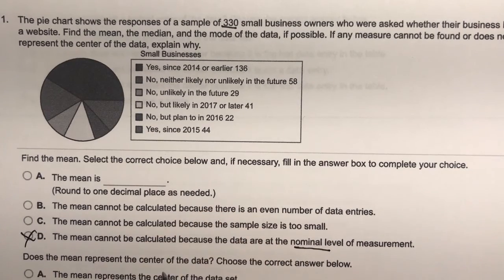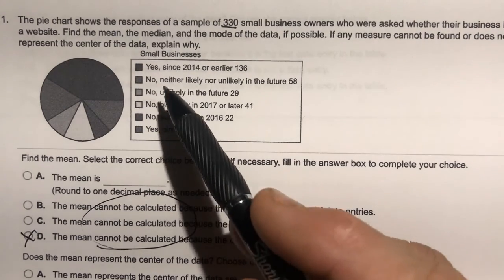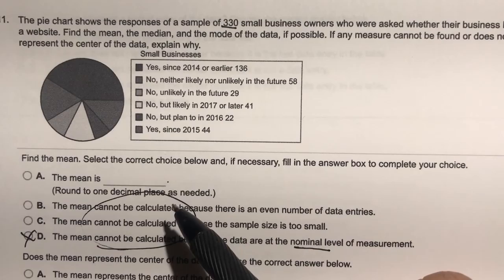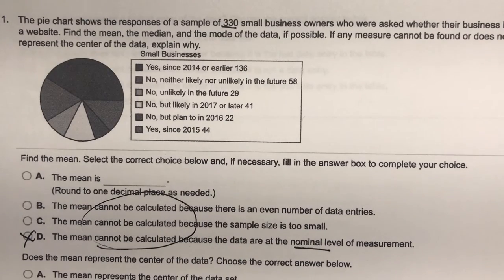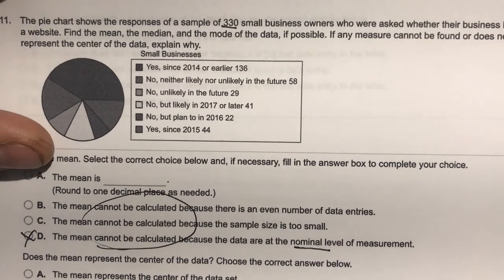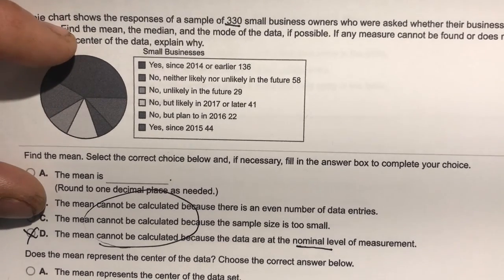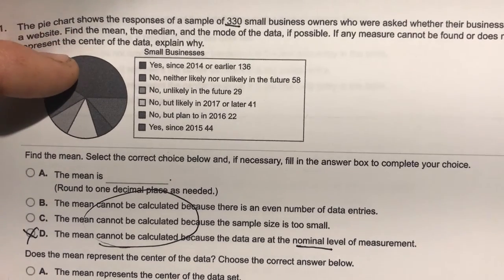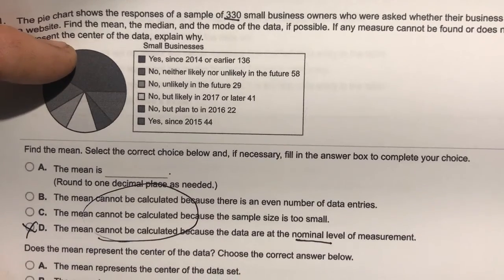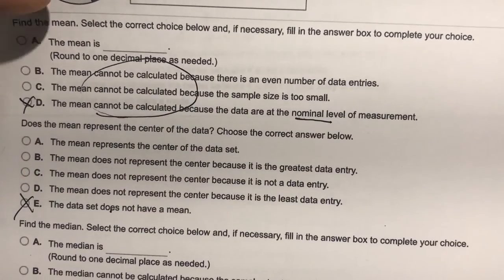See, all these say cannot be calculated. We cannot calculate the mean, and it's at the nominal level because these are nominal values. If you remember this from chapter 1, nominal. Does the mean represent the center of the data? Well, it does not have a mean, so that's E.